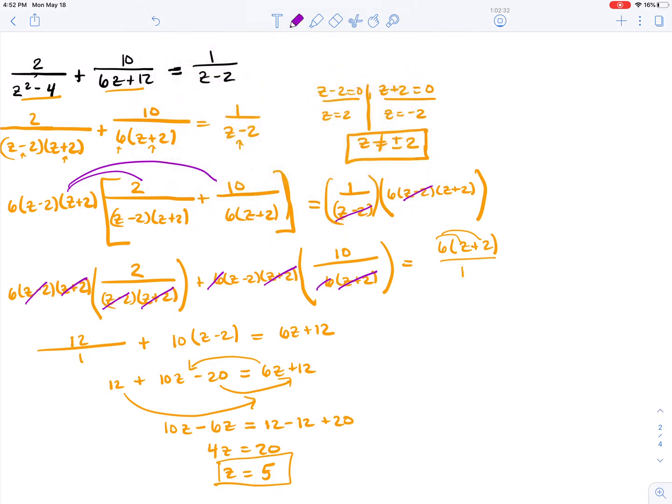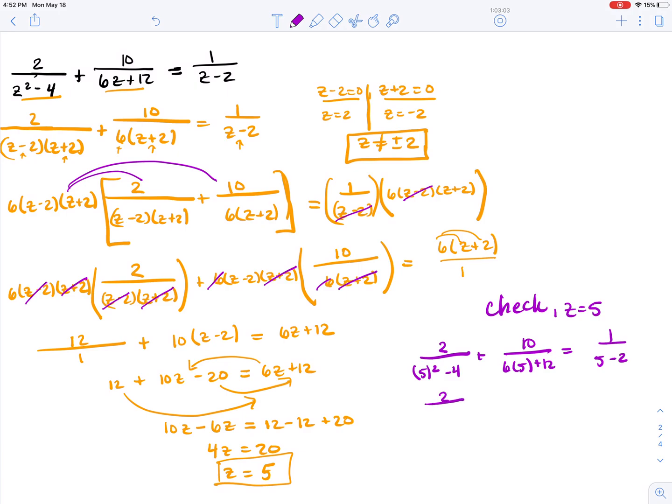Let's do our check. So I need to substitute in z. I keep writing x, so I apologize for that. Z equals 5 into our original. So I have 2 divided by 5 squared minus 4 plus 10 over 6 times 5 plus 12 equals 1 over 5 minus 2.